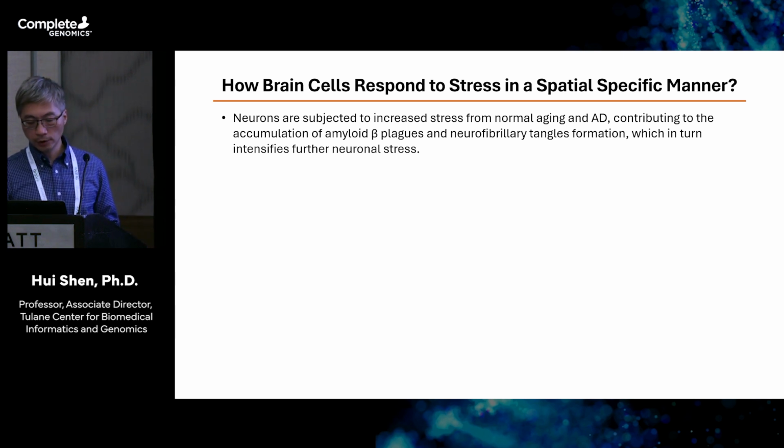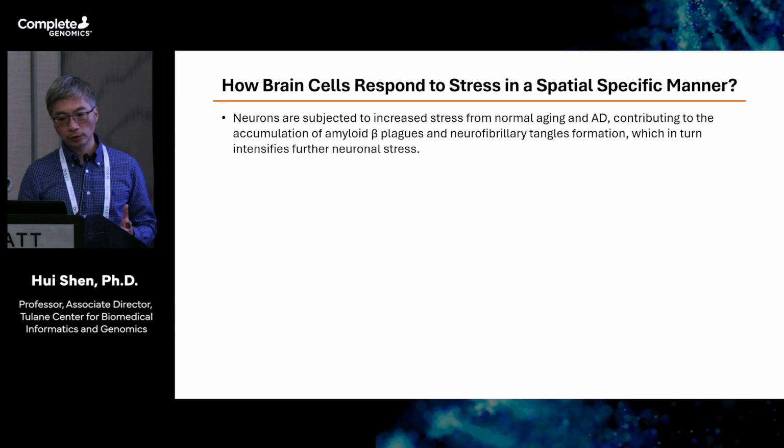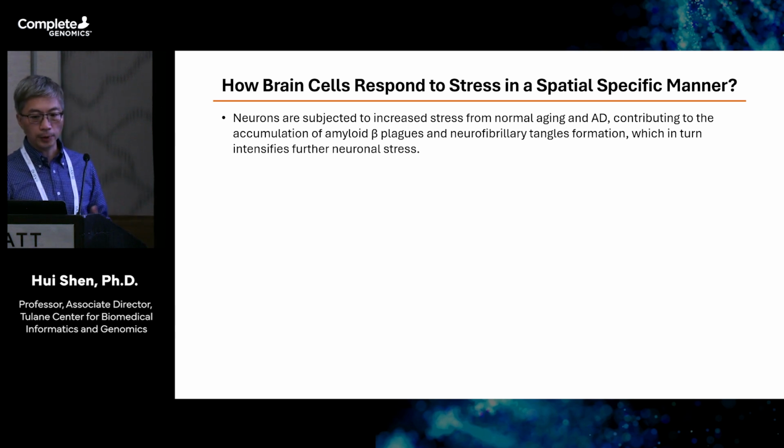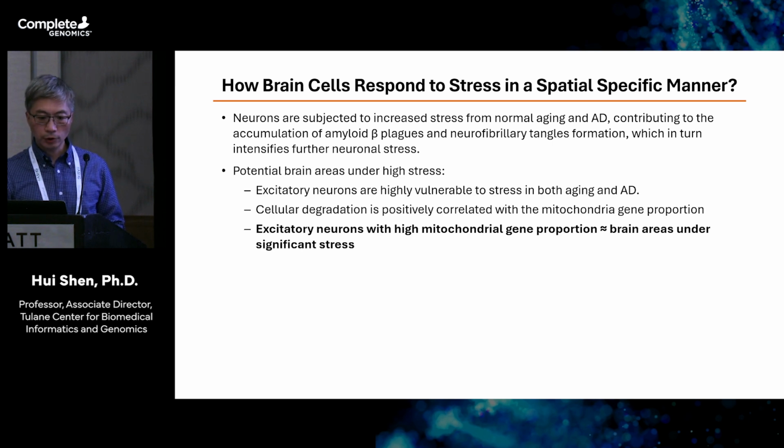So we want to ask how brain cells respond to the different stresses in a spatial and cell type specific manner. To do this, of course, first we have to identify where those brain regions under high stress are located.